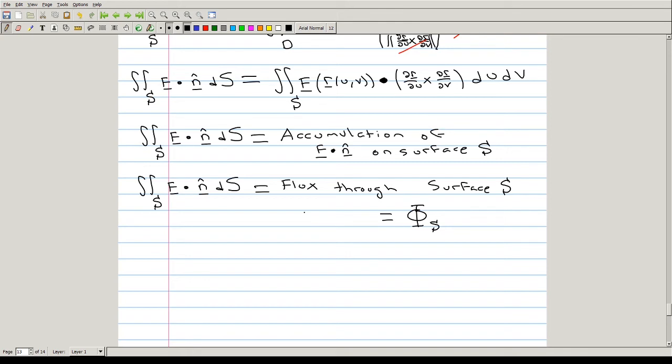And these integral theorems do exactly what we talked about before, which is to generalize the fundamental theorem of calculus to multivariable functions and vector fields.